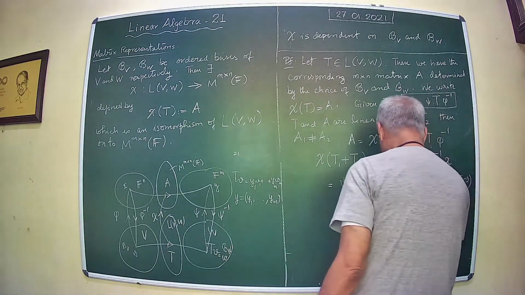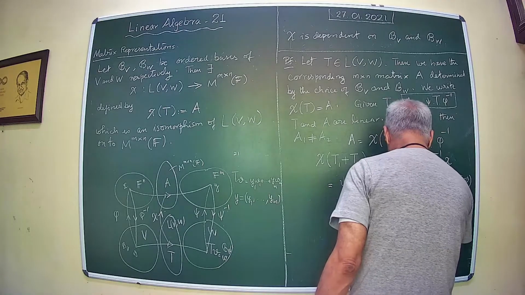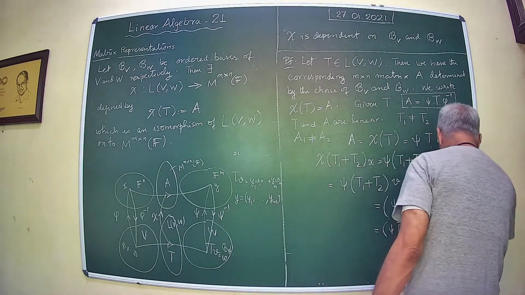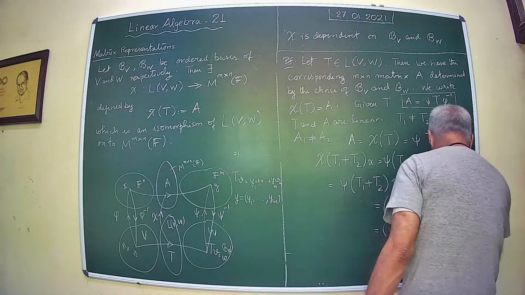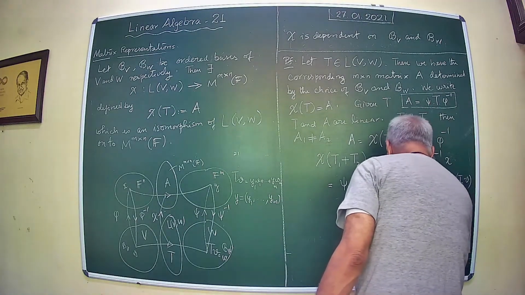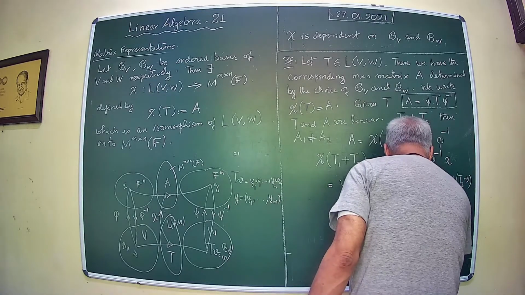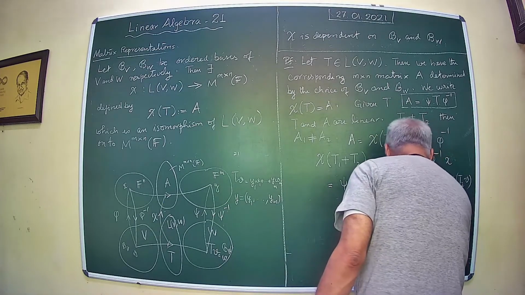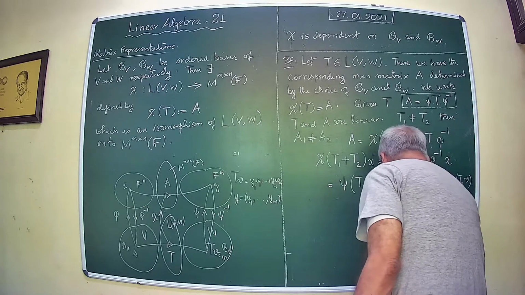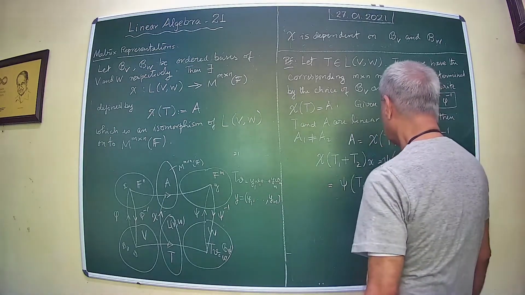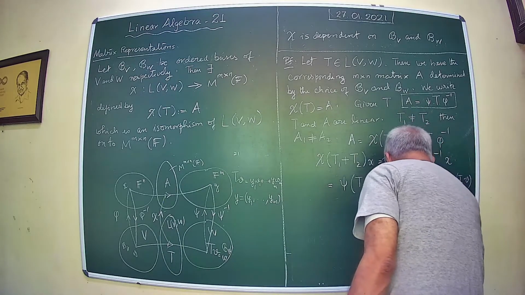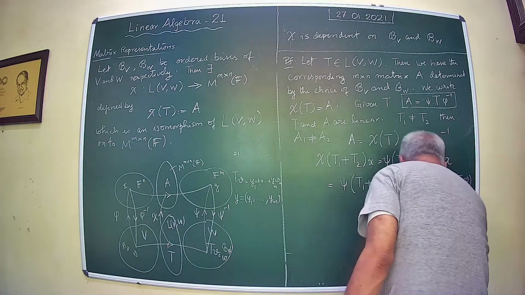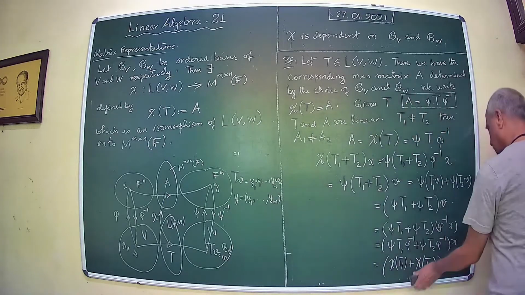So this is equal to psi of T1 plus T2, is equal to this.